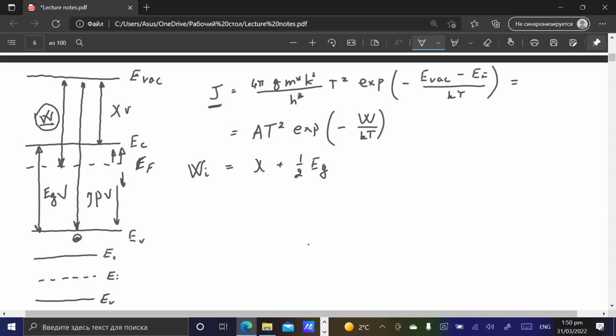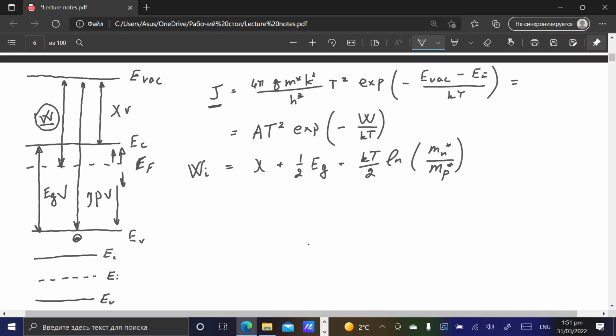So it should be located close to there, but in order to be more precise, we also need to take into account the ratio between the effective masses of electrons and holes. So we have one more term here. It's kT divided by 2 times natural logarithm of the effective mass of electron, sorry, of electron, and here the effective mass of hole.